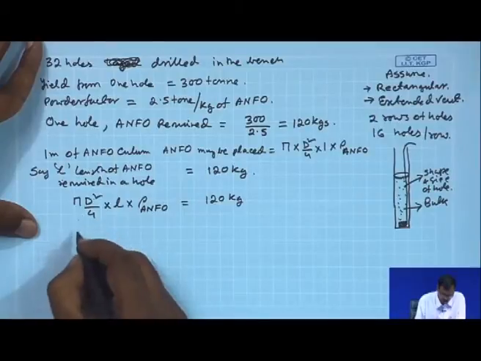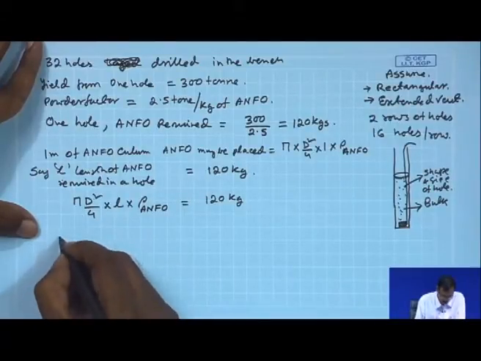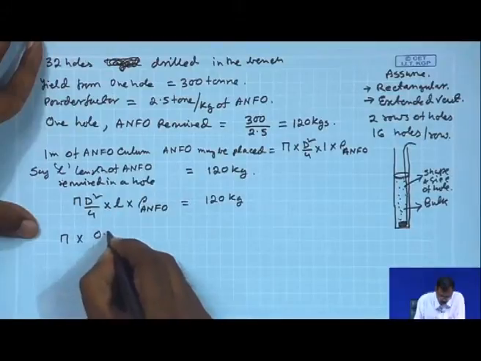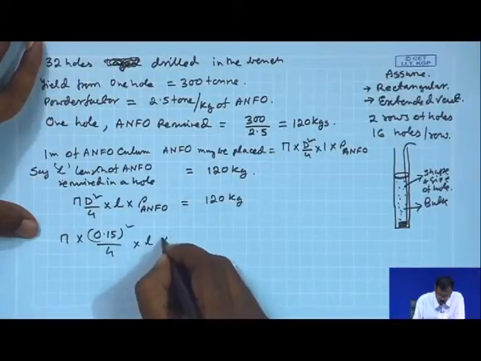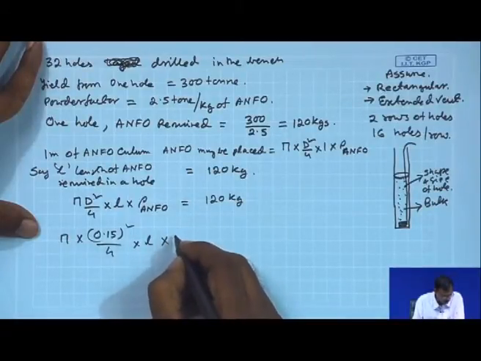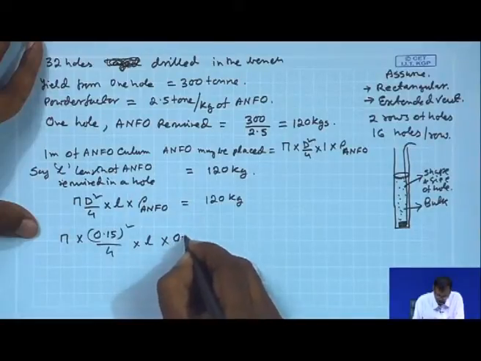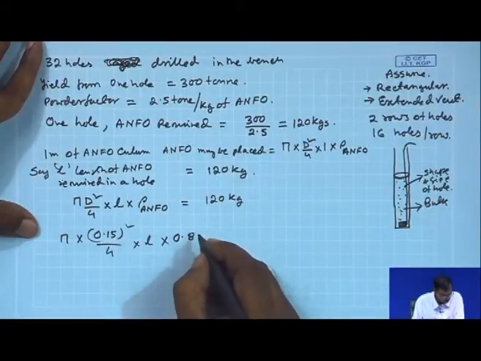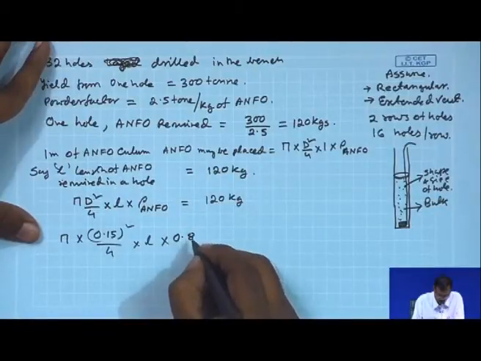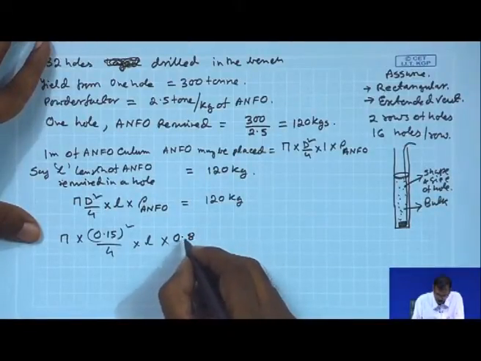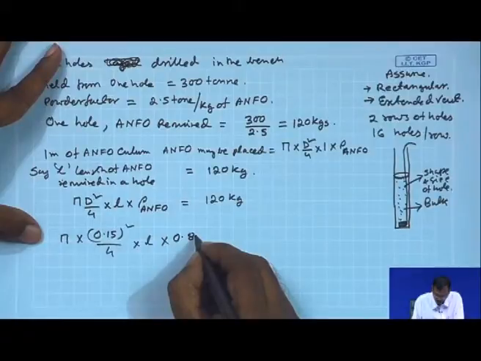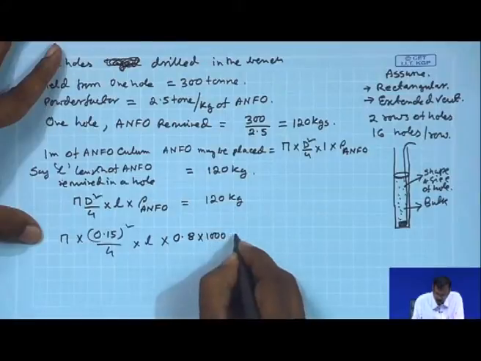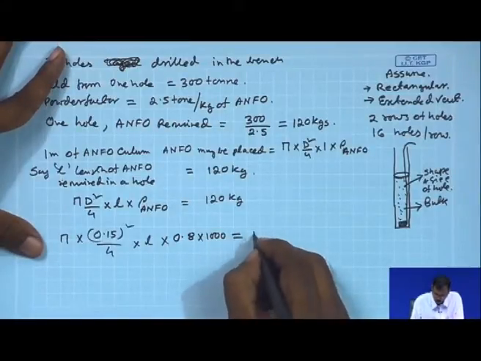So, d is known to us, that is 150 mm. So, this is pi into 0.15 whole square by 4 into L, rho is also known to us, it is 0.8. And this is 0.8, you can say it is specific gravity. Then to convert it into the kg, we need to multiply it with 1000 is equal to 120 kgs.